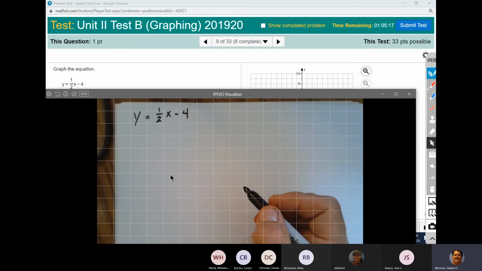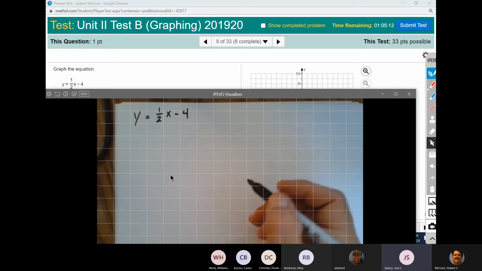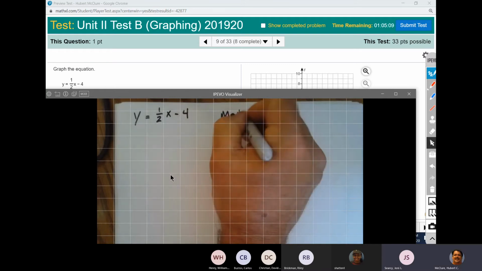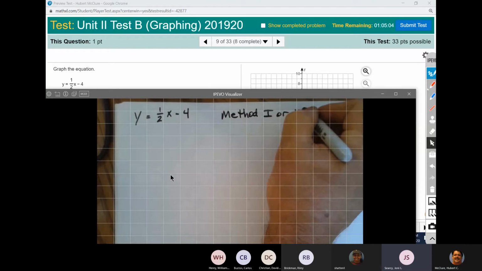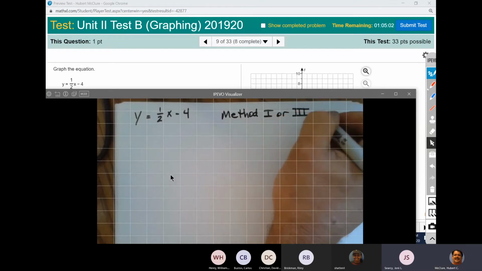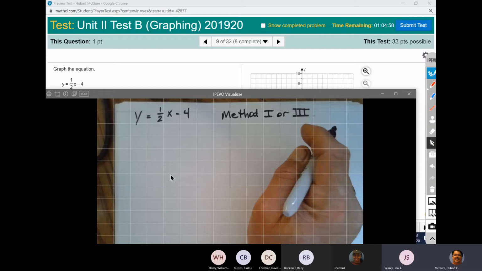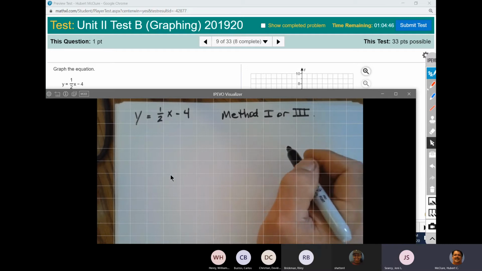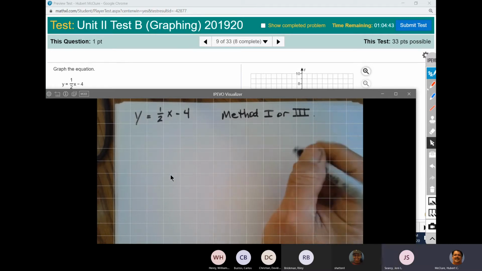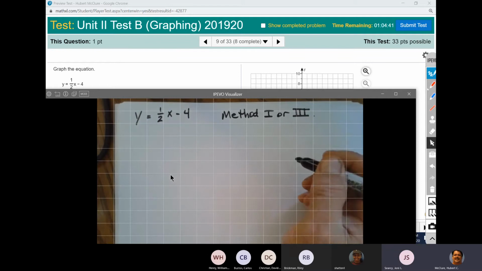Somebody tell me why I can use any method. Because it's fraction? Nope. Well, I don't know then. At the beginning of the unit, I told y'all that if it just said graph, then you can use any method. I told y'all that, but y'all just ignored me.